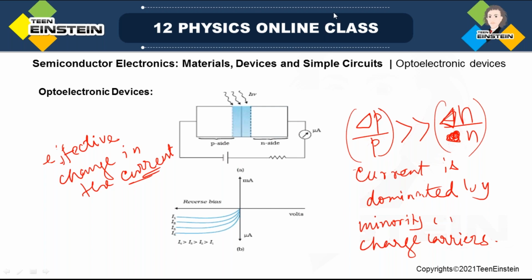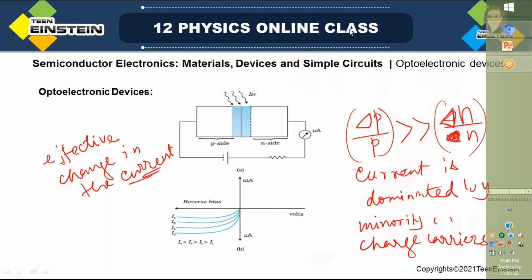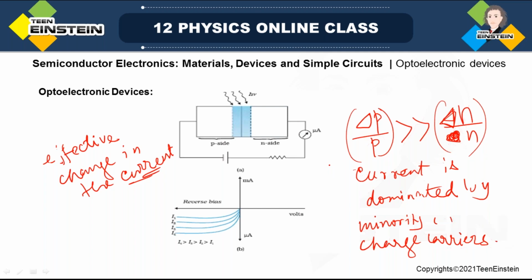Deepa, do you have any doubt? Do you understand why a photodiode is operated in reverse bias condition? Because the fractional change in the minority charge carriers will be more upon shining light, and in reverse bias condition minority charge carriers dominate the current.